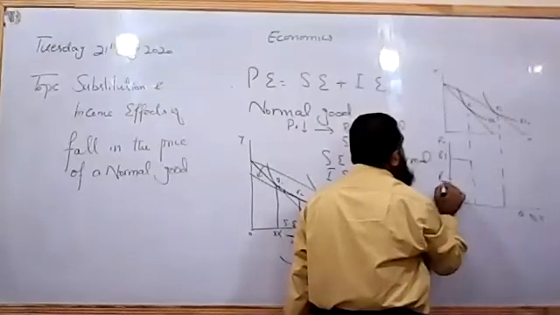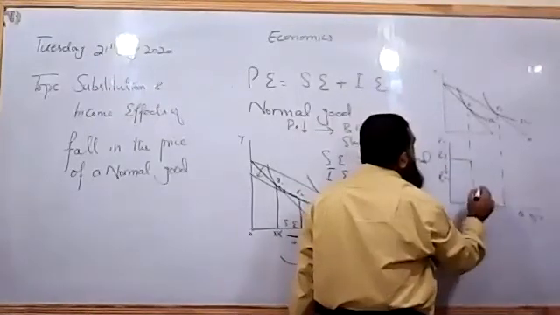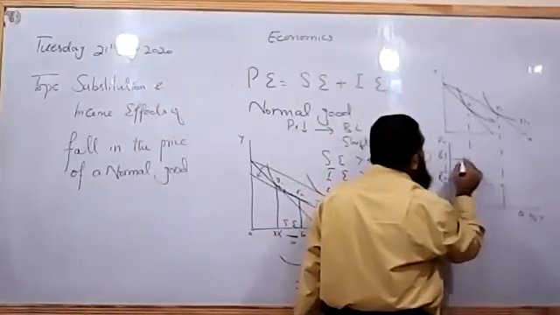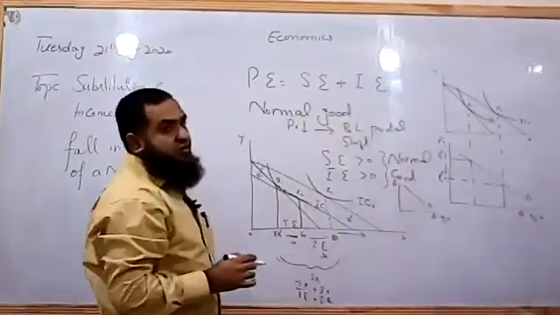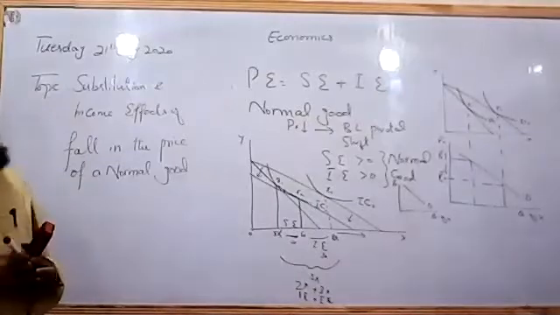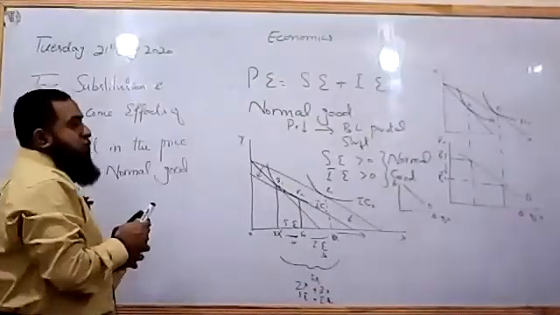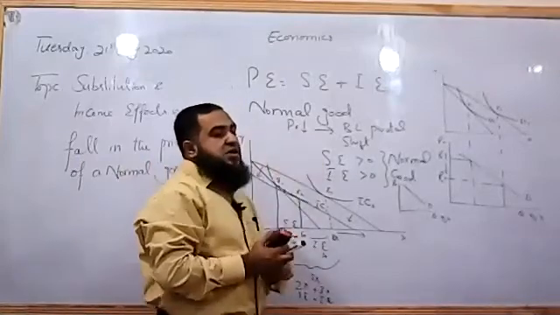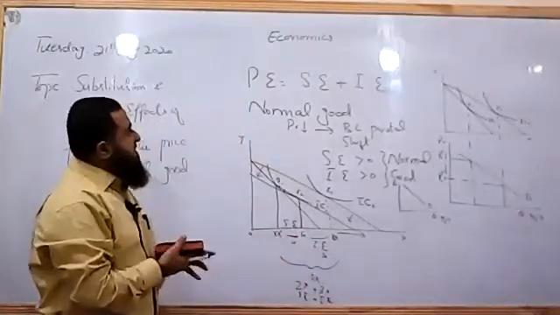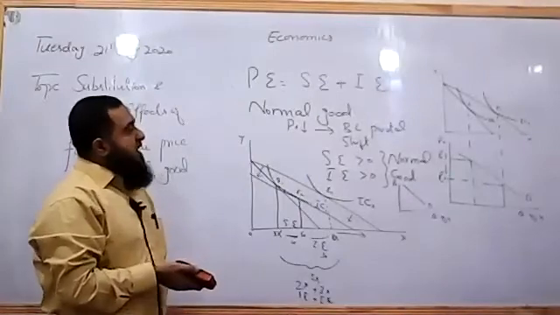As the price is falling, we will have another point. So if we join these two points, we get this demand curve, which is downward sloping. So due to the fall in the price of X, we have two things, the substitution effect and income effect. So when both effects are positive, we can say this is called a normal good.